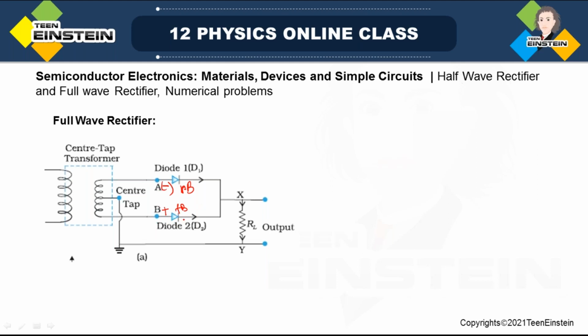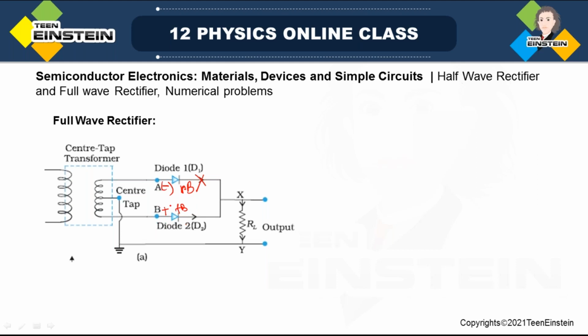So in the forward bias condition, that conducts. That's why only the D2 diode will conduct, but D1 will not conduct in the second half cycle. Okay, because now B is at positive potential with respect to the center tap.